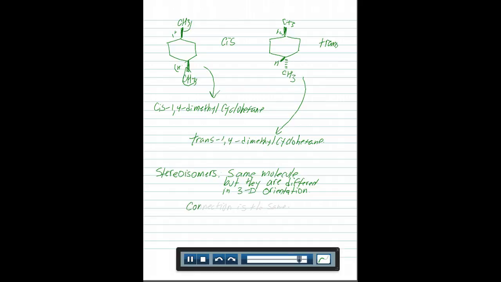The connection is the same. What do I mean by connection? I mean that your methyl groups are still connected to the 1 and the 4, and you still have a cyclohexane. A constitutional isomer would be if you have a 3-membered ring compared to a 6-membered ring. The molecule is totally different. There's nothing similar about it. But these molecules are almost identical. It's just that in 3 dimensions they are not the same. So that's what a stereoisomer is, and we'll learn a lot more about stereoisomers later on in the semester.